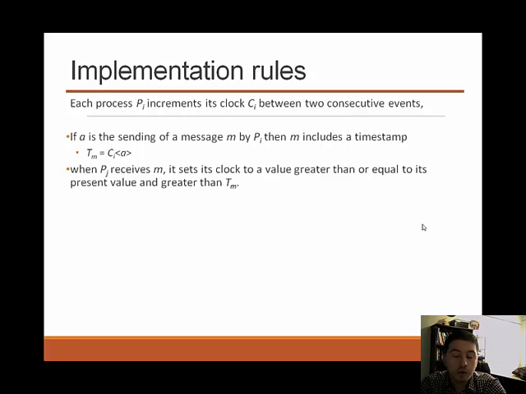Now, in order to implement the logical clock, we should have some implementation rules. Each process Pi increments its clock Ci between two consecutive events, in order for those events to have different timestamps.